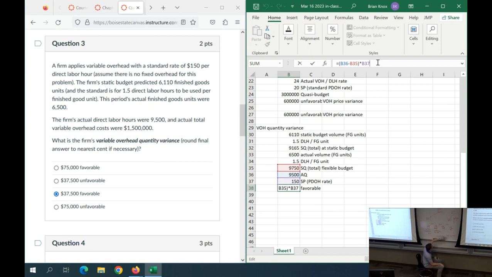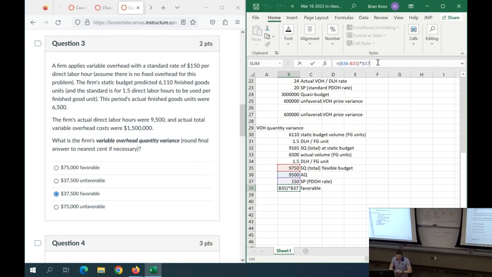We've just rearranged it algebraically to be like this. So it's actual quantity times standard price, which is this box right here, minus standard quantity times standard price. And rearranging, we can pull out the standard price and just have these two, actual quantity minus standard quantity.